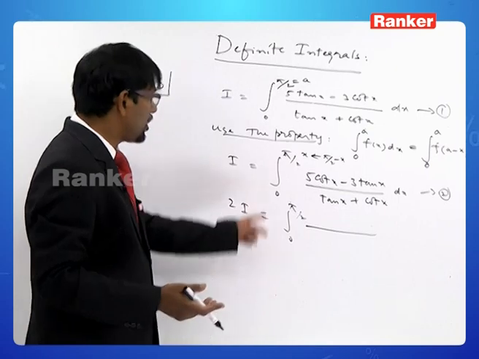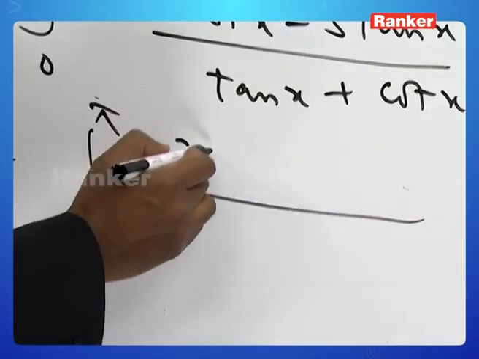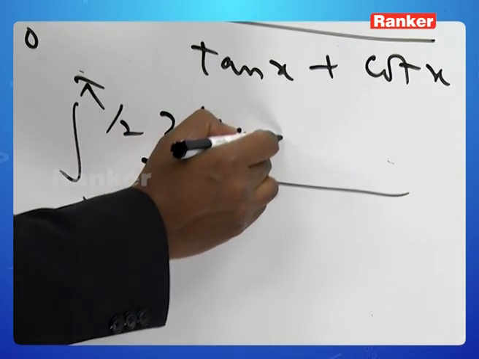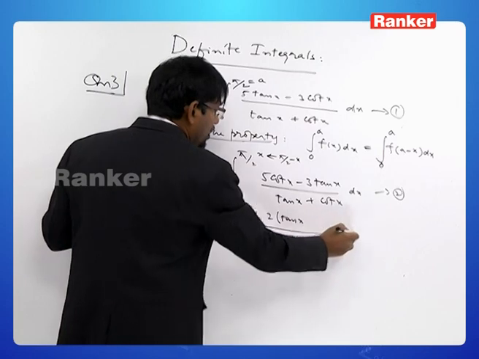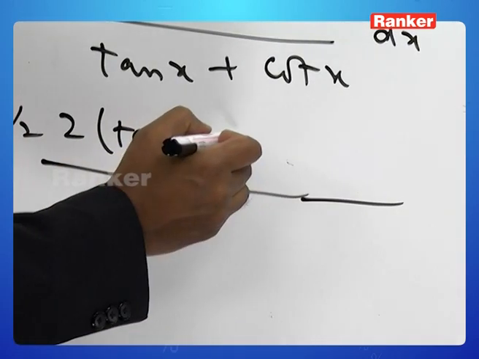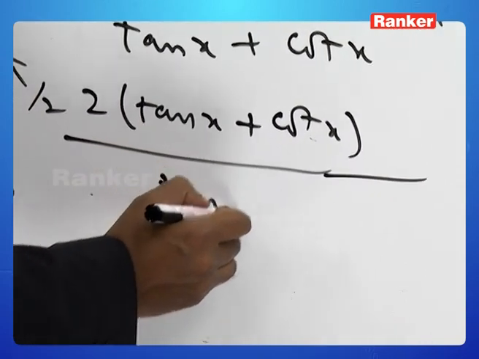So what do we have here? When you add up this 5 tan x minus 3 tan x, that makes it 2 tan x. In fact, 5 cot x minus 3 cot x, that is 2 cot x. So I can take out 2 common, and then we have this tan x plus cot x.